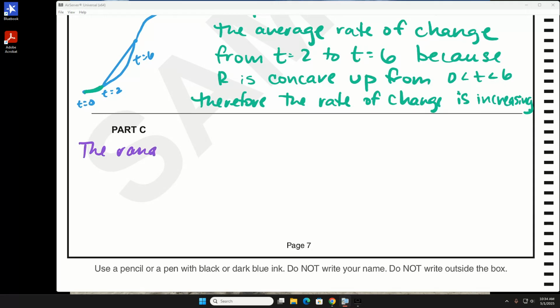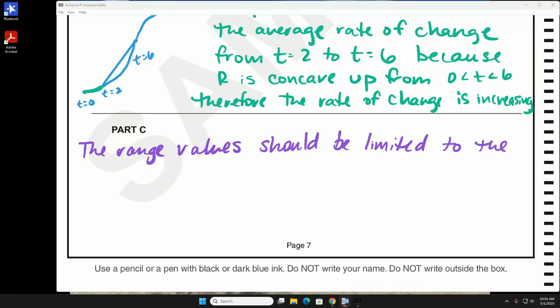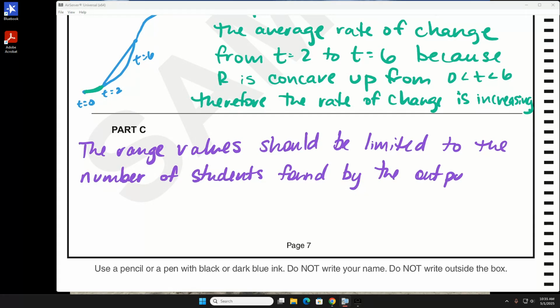So the range values should be limited to the number of students found by the output of, and then what would the smallest output you would use? 0.